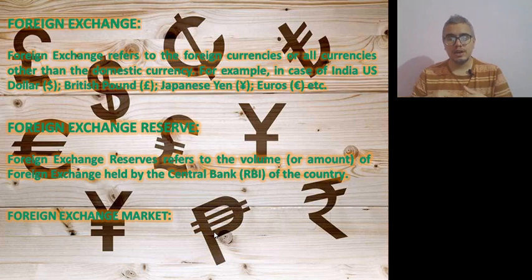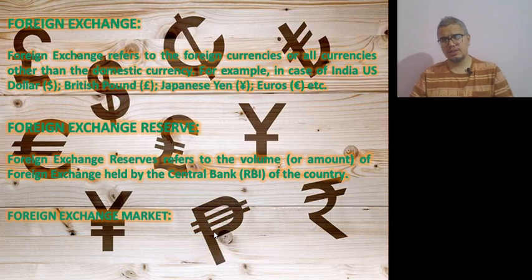Similarly, for money market, you will say that various money forms are bought and sold. Capital market is where shares, bonds, etc. are bought and sold.